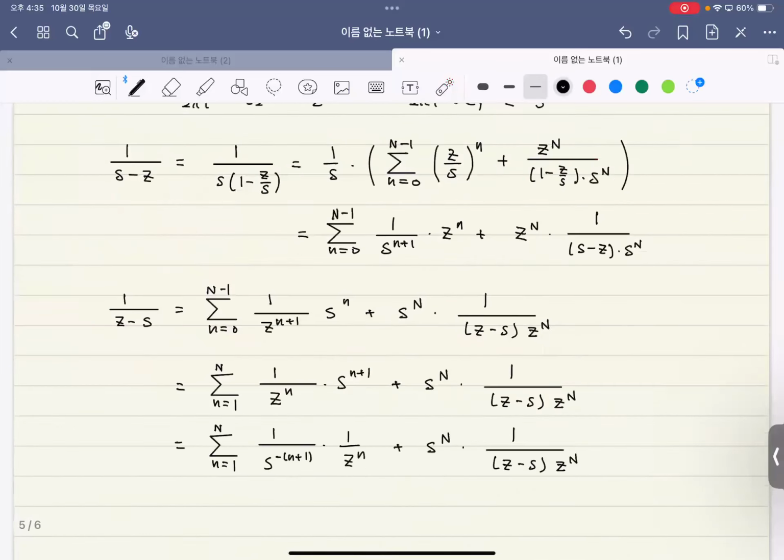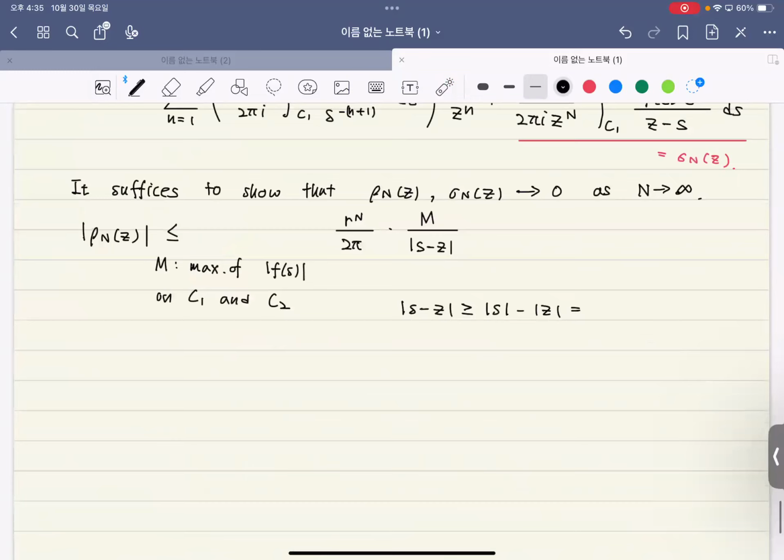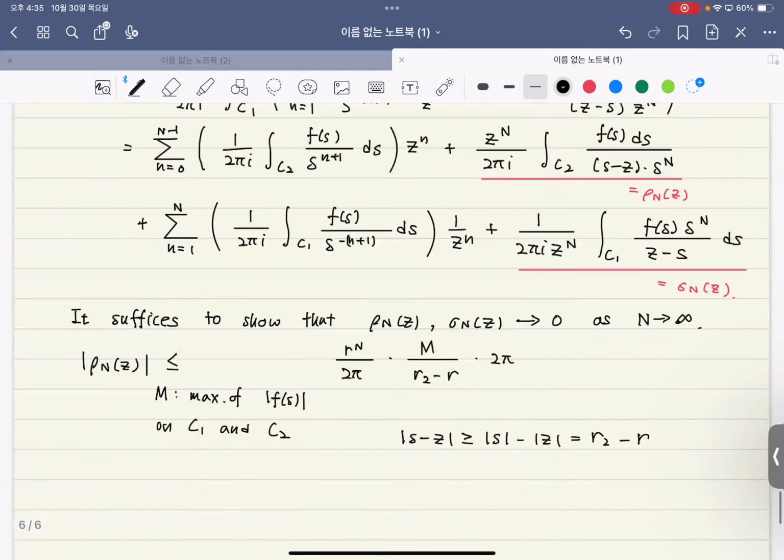So sorry, this one must be R2, and R is just R. So this is bounded above by R2 minus R, and times, lastly, the length of the curve being integrated. This is a circle of radius R2, so 2 times pi times R2. So these two guys both cancel.